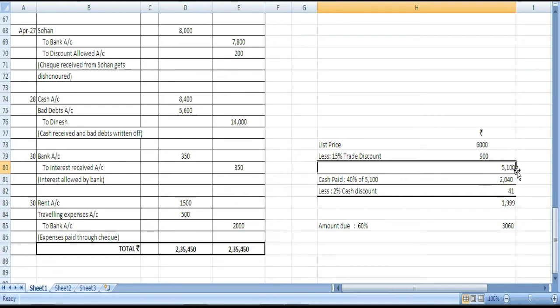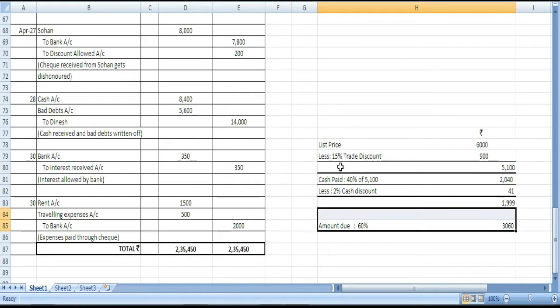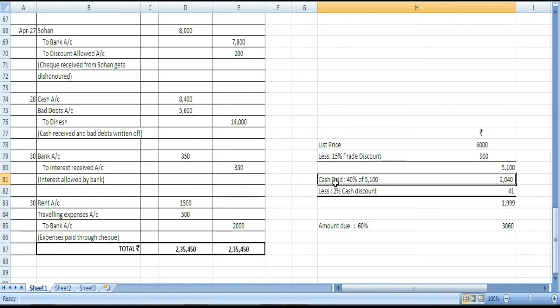But this cash discount will be on 2,040 rupees. Now, this 2,040 rupees is actually what we have paid right now, which is 40% of 5,100. So 40% of 5,100 is coming as 2,040. Okay.